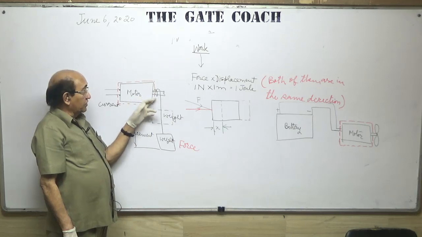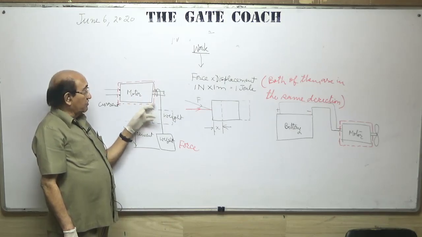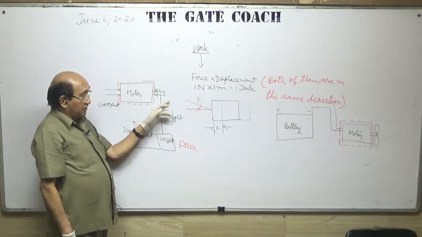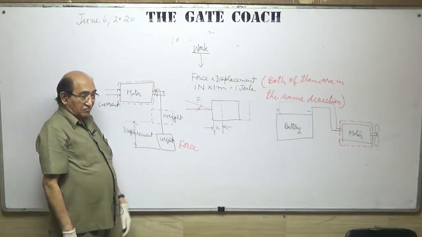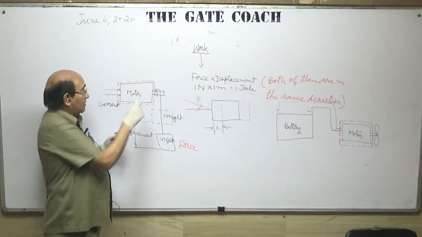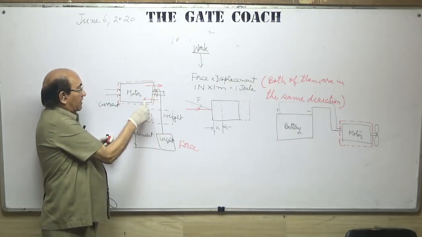When work enters into this, no longer does it act as a motor, it will act as a generator, where work energy will be getting converted to electrical energy. Earlier electrical energy was getting converted into mechanical energy. Earlier the work was leaving the system, now the work is entering into the system.